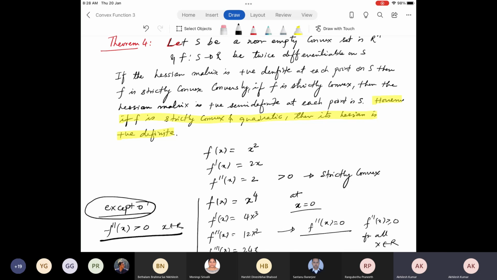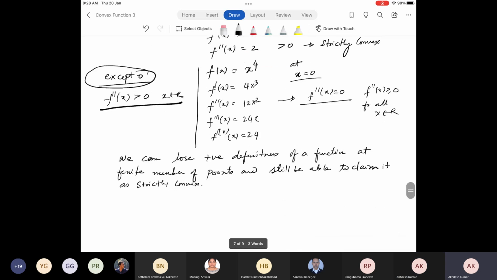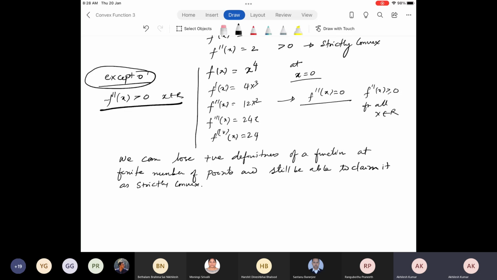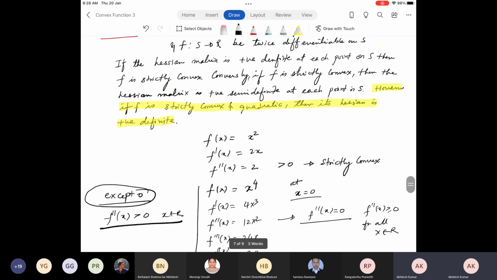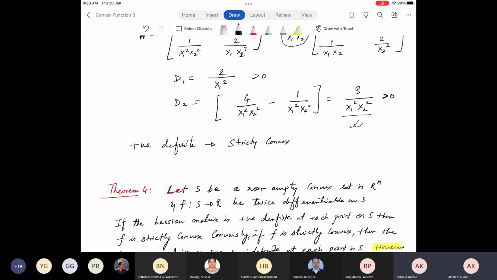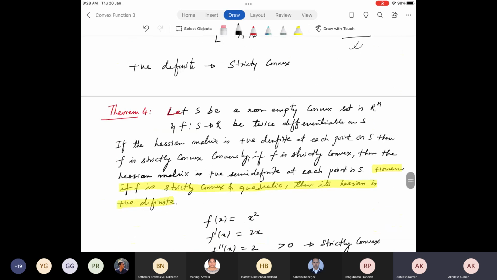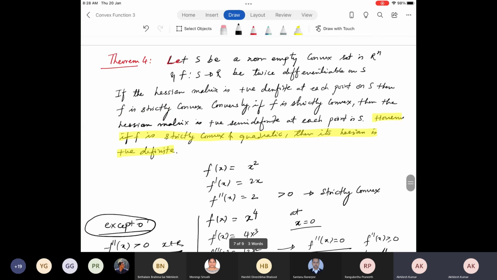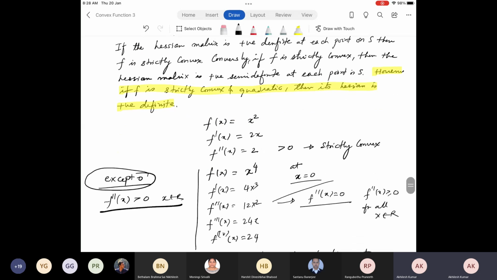Okay, so next theorem we will discuss. We can lose positive definiteness of a function at a finite number of points and still be able to claim it as a convex function. Definitely, if I am able to show that the Hessian matrix is positive definite, we can always say it is strictly convex. But if it is a strictly convex function, we know that its Hessian matrix will be positive semi-definite at each point. Even at x equals 0, f''(x) is greater than or equal to 0, right?